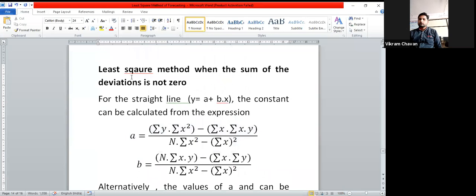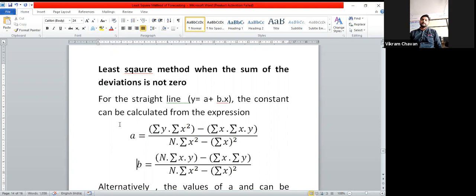So you can write: least square method when the sum of the deviations is not zero.